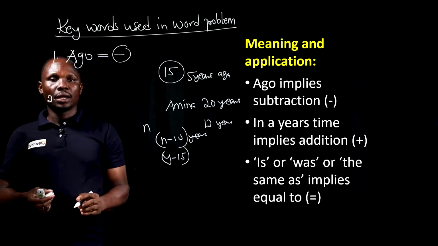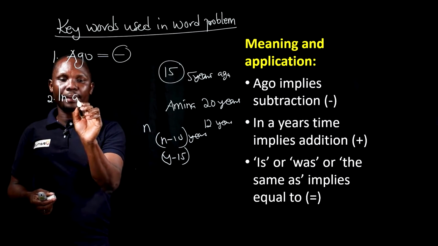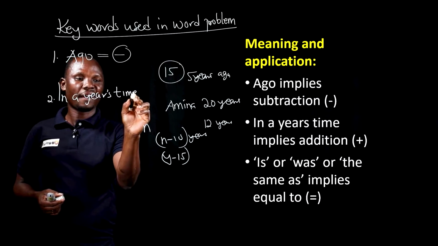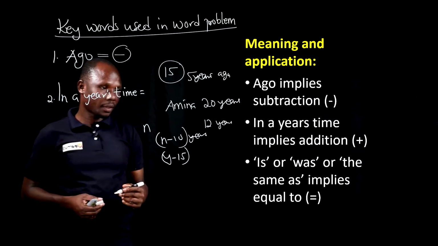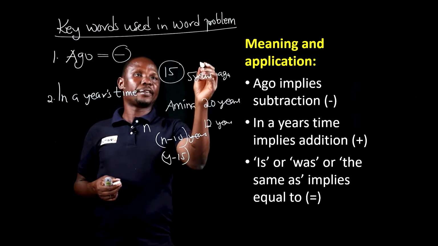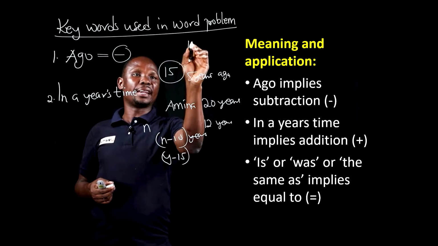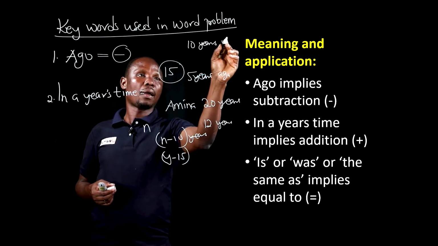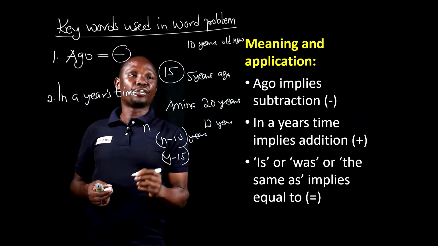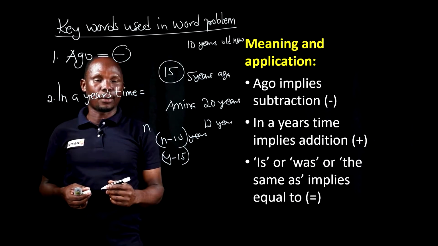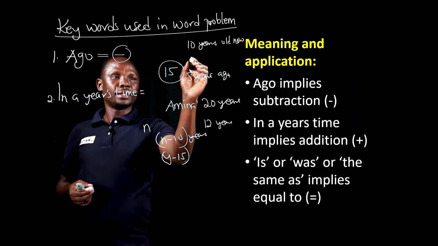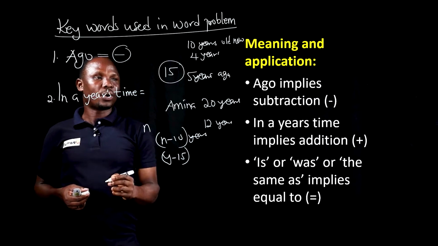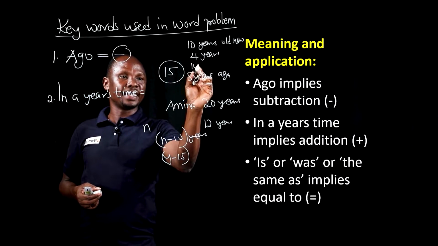2, we look at in a year's time. Now, if Okeke is 10 years old now, in 4 years' time, Okeke will be 14 years.